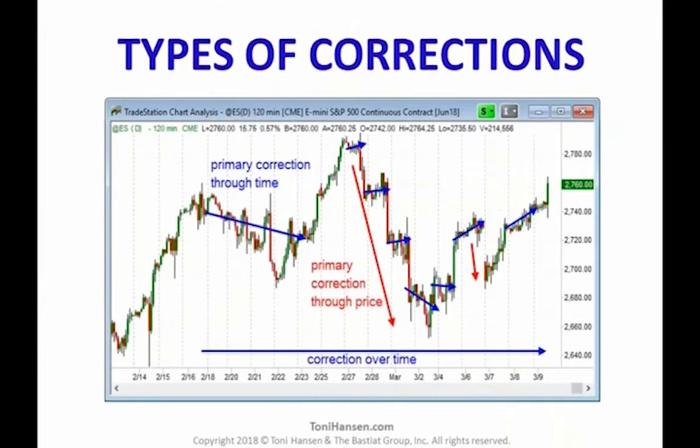So let's look at the ES, the S&P 500 here in just a little more detail right now. So this is the 120-minute chart, and this is showing you the types of corrective moves that we've had so far. So what you'll notice is that this point here, this was about halfway back up that really large drop from February.